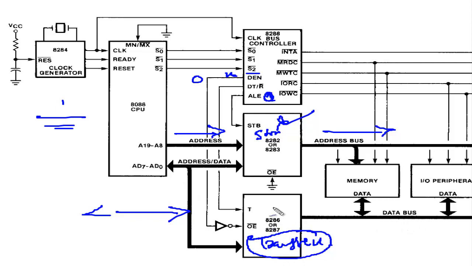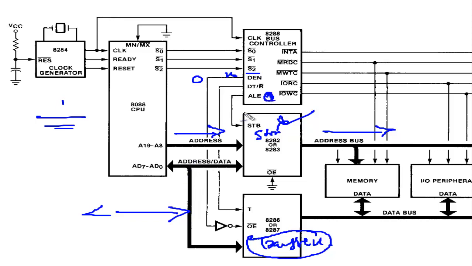And this will be enabled only when, for the latch, the strobe comes from the ALE, which is 0. That means we now have to use these lines not for the address but for the data, okay?